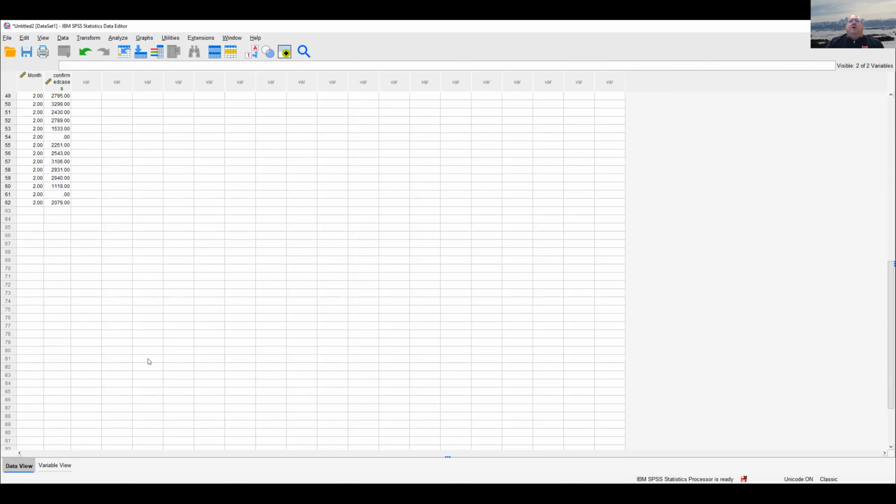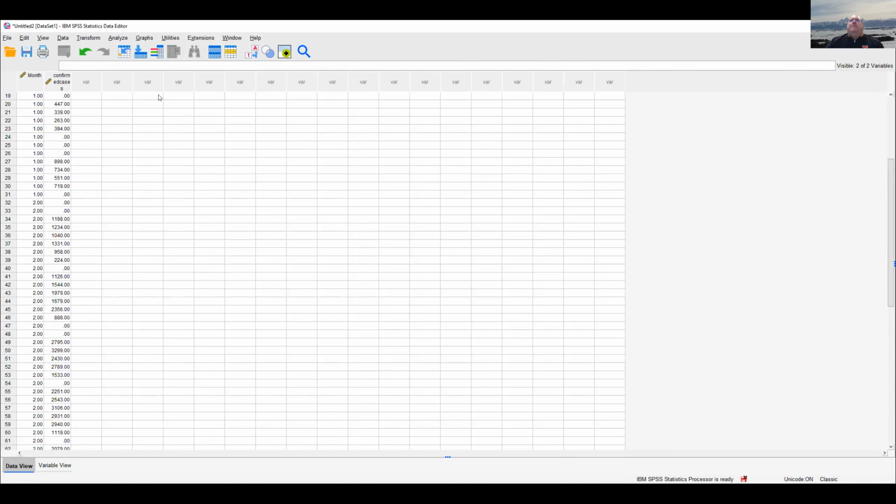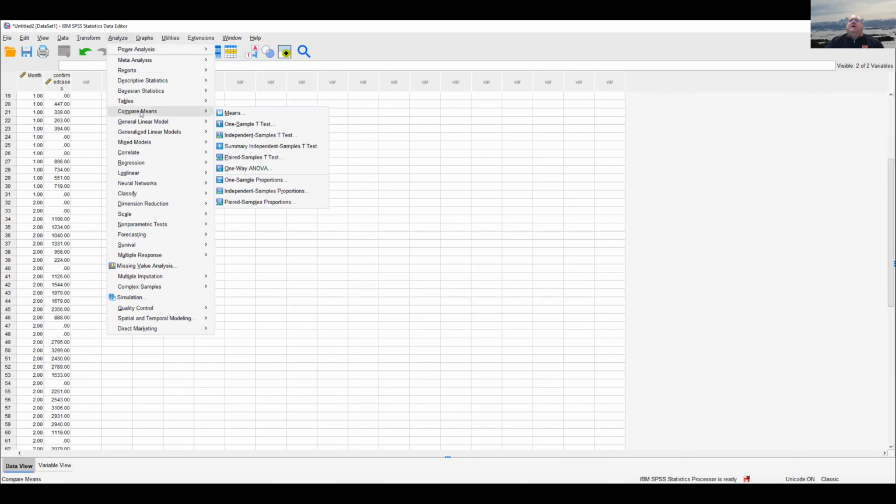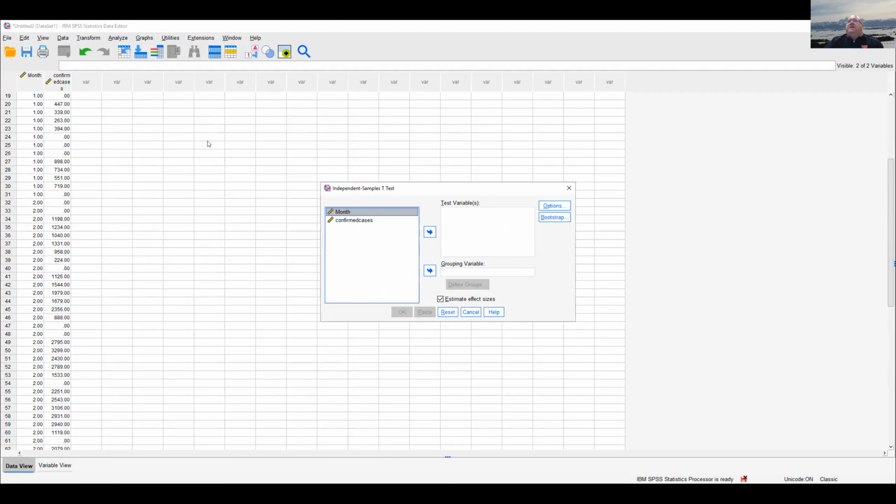And now we are going to run our independent samples t-test. You're going to go up here and hit analyze, compare means, independent samples t-test. Your test variable is going to be the cases. Those are the means we're going to look at.